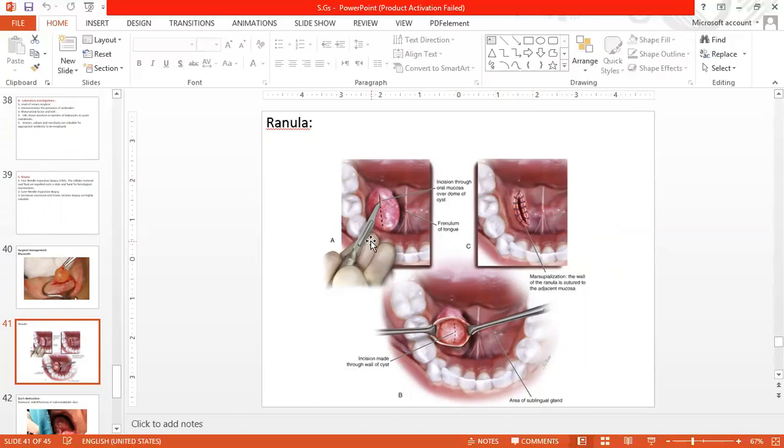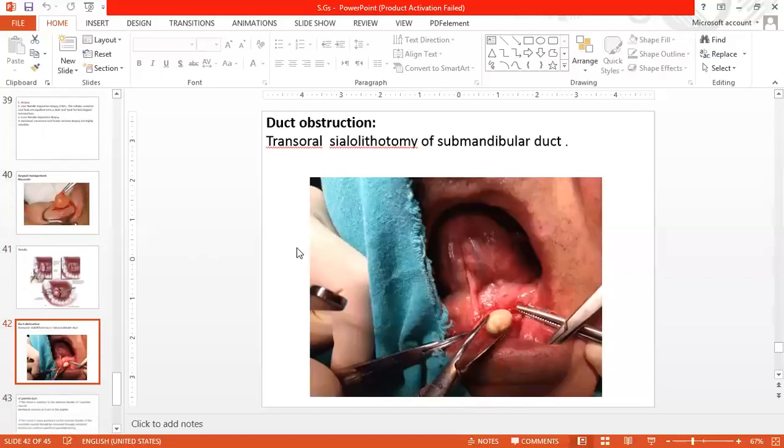But this has a recurrence rate of about 85%. So the other treatment option is removal of the sublingual salivary gland, by removing the ranula together with the sublingual salivary gland, with a lower recurrence rate.